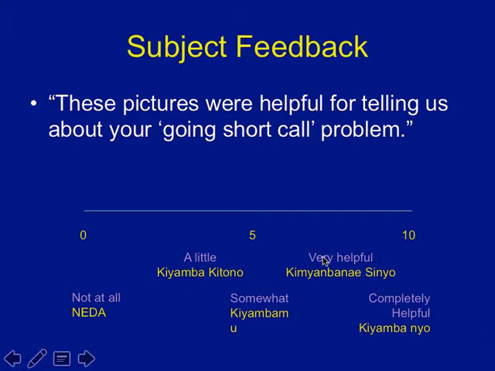This is my English translation of this visual analog scale, which is all written in Ugandan. Yeah, and so it's from 0 to 10. So how helpful were these pictures telling you to convey to us about your going short call problem?